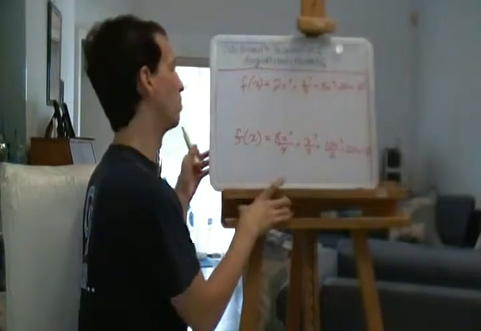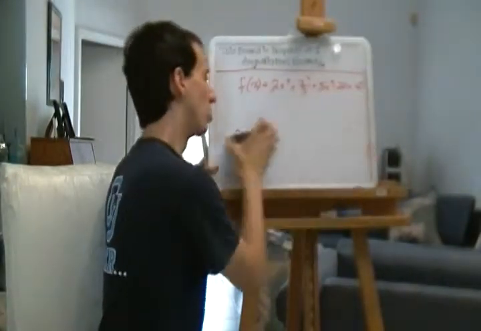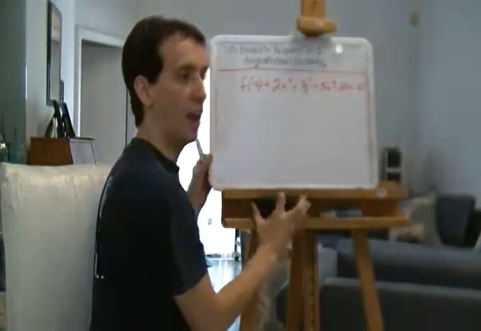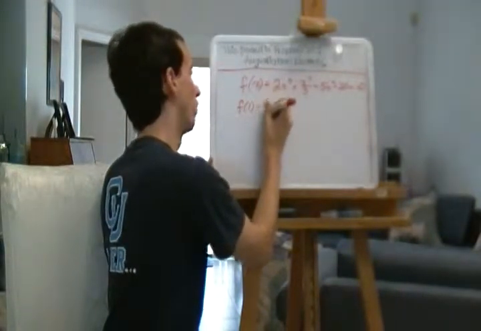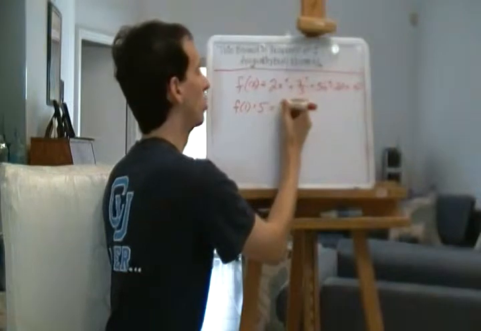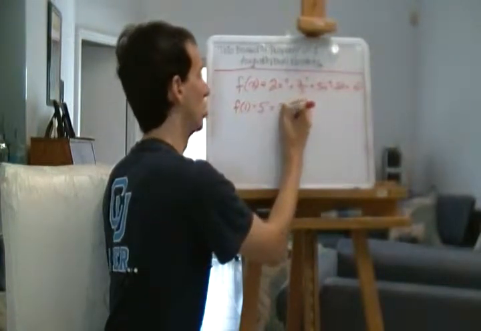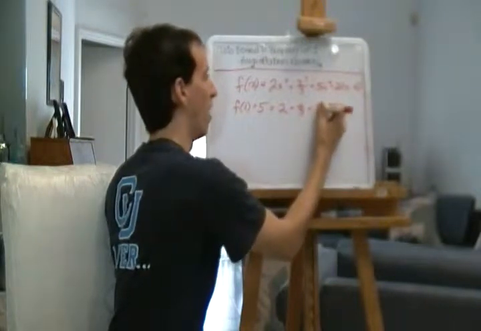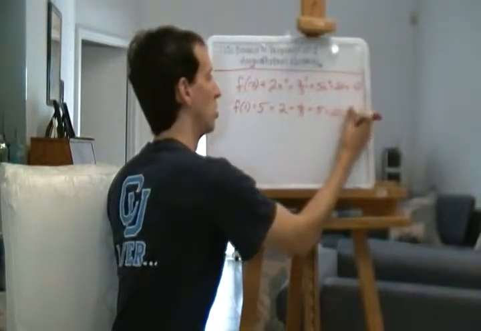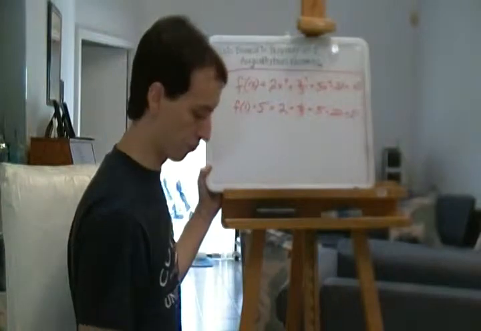Alright, that looks pretty good. But we also know that f of 1 is 5. So f of 1 equals 5 equals 2 times 1 to the 4th is 2, plus 1/3, plus 5, minus 22, plus d.